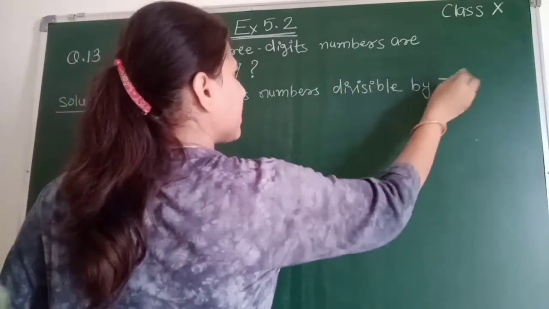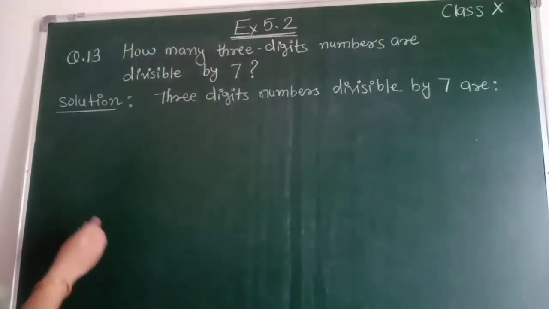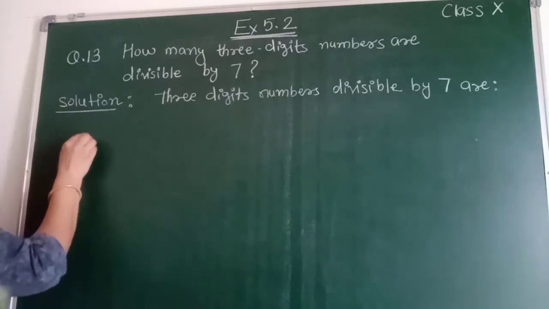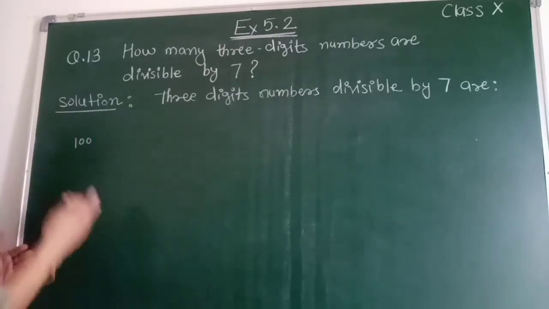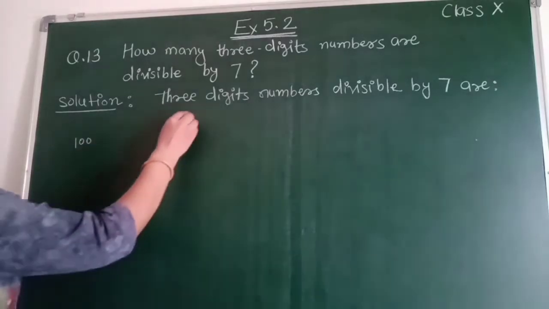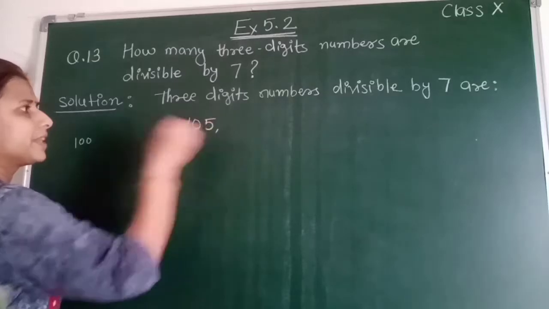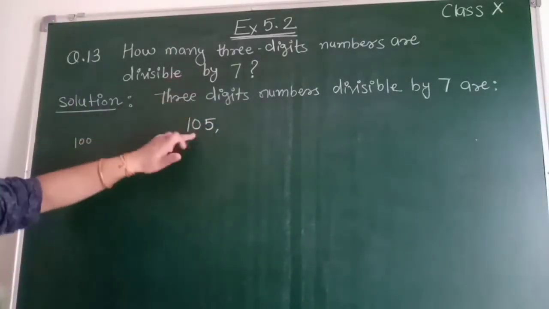Divisible by 7 are, student, as we know, the smallest 3 digit number is 100, but 100 is not divisible by 7. So next, which number will be divisible by 7? Yes, 105. The first 3 digit number, 105, is divisible by 7.